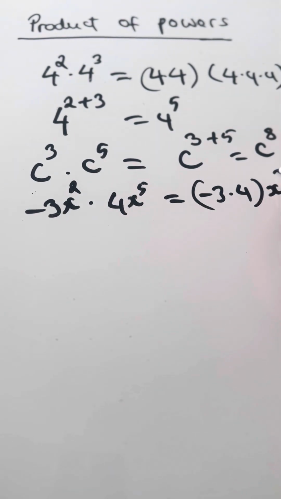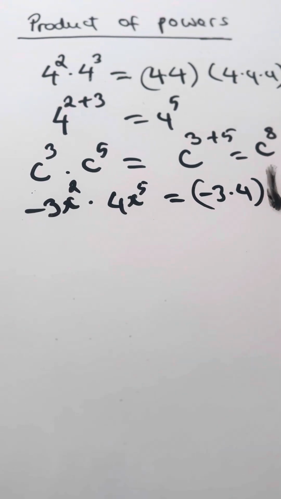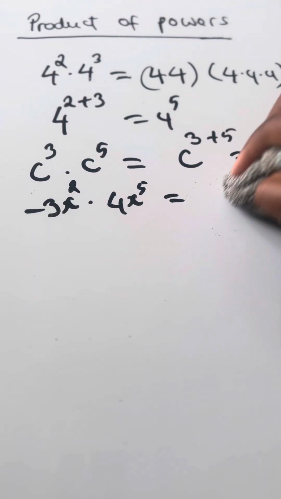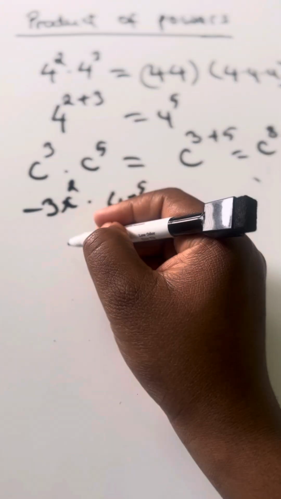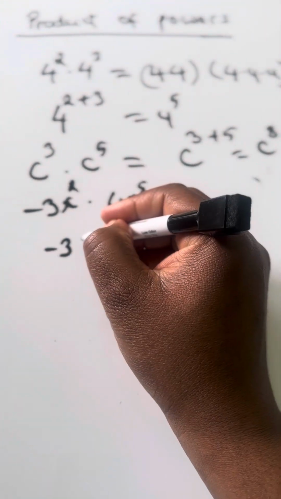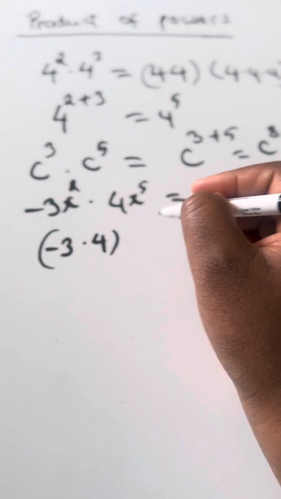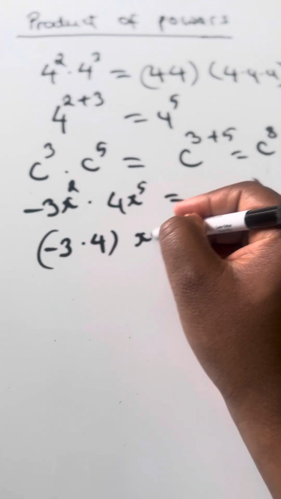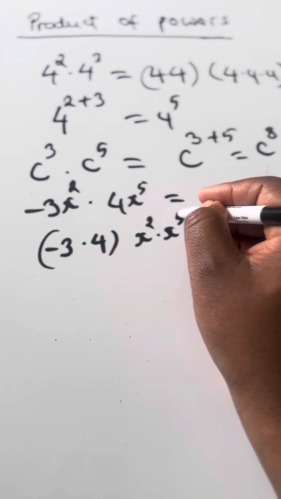So x to the power of 2 times x to the power of 5. Let me write it down here below. So this would be negative 3 times 4, and that will be x to the power 2 times x to the power 5.